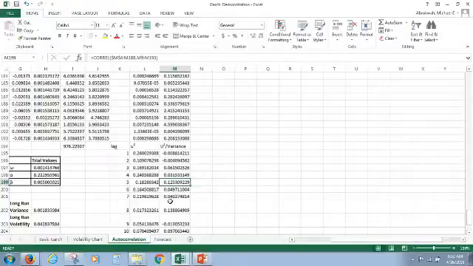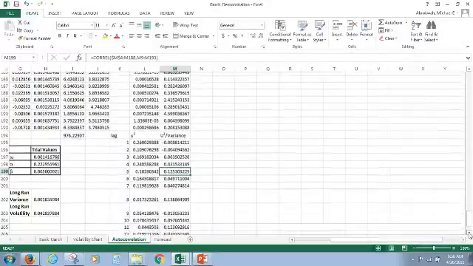So they come from the same initial data set, but I've altered the lags between them and then calculated the correlations between the two data sets with two different lags. So now I have autocorrelation values for each of the different lags up to 15 lags.